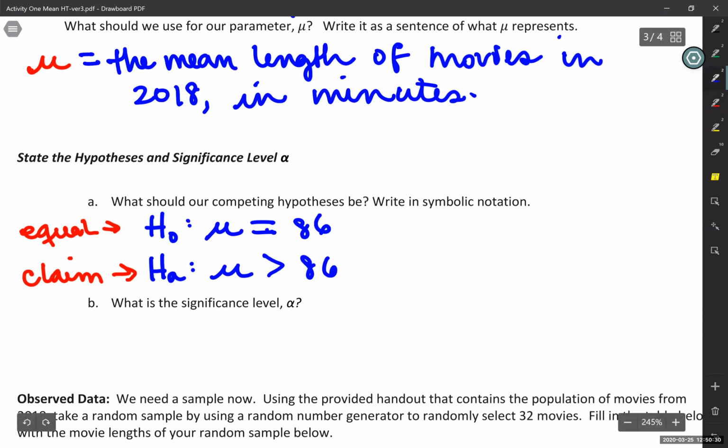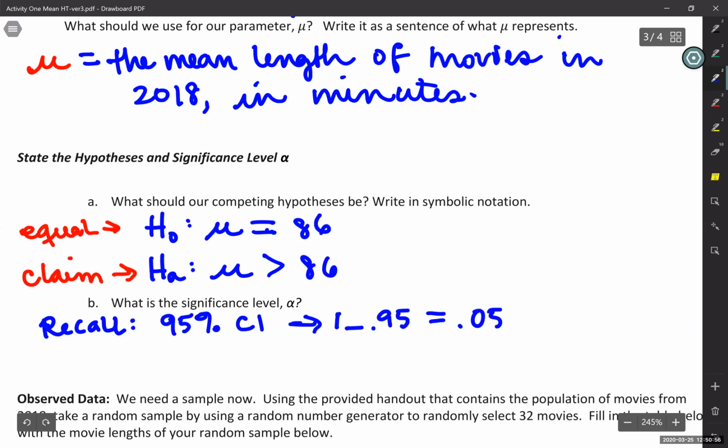Okay, next up, significance level alpha. Just as a reminder, from before, we talked briefly about alpha. If we had a 95% confidence interval, then if I subtracted it from 1, I would get, in this case, 0.05, which is alpha.